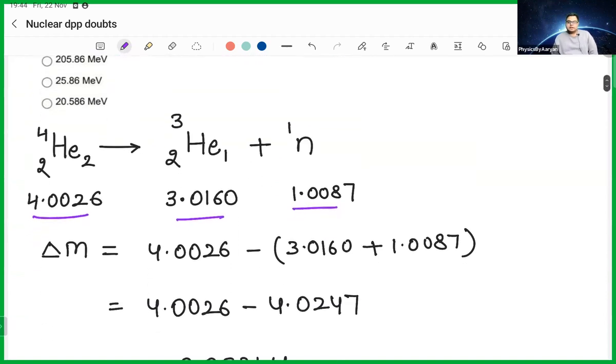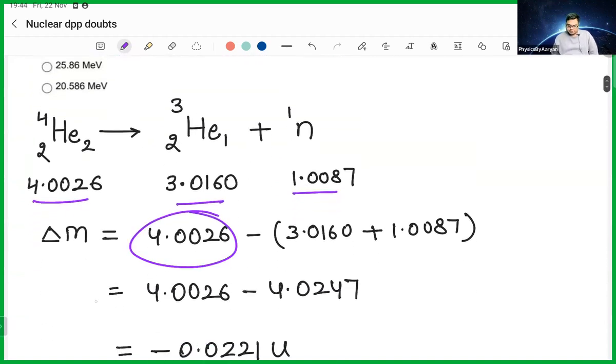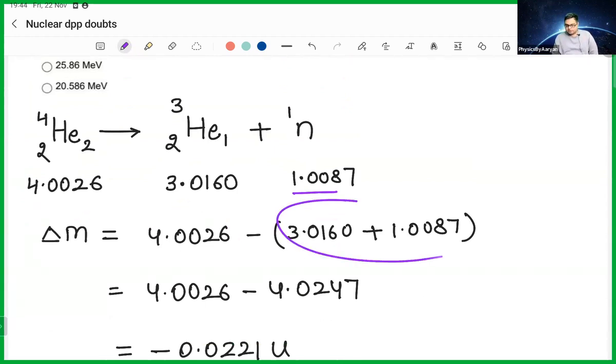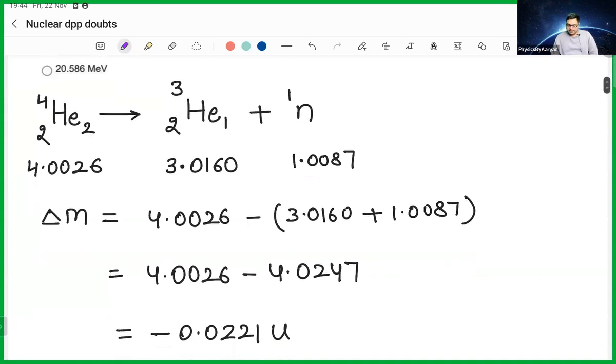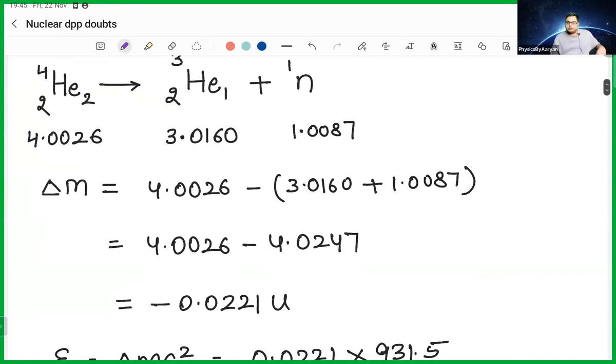You can clearly see that this is the mass of the reactants, meaning initial, and this is the mass of the products, final. If I add them, I get 4.0247, which means my initial mass is less than the final mass. The mass of the reactants is less than the mass of the products.